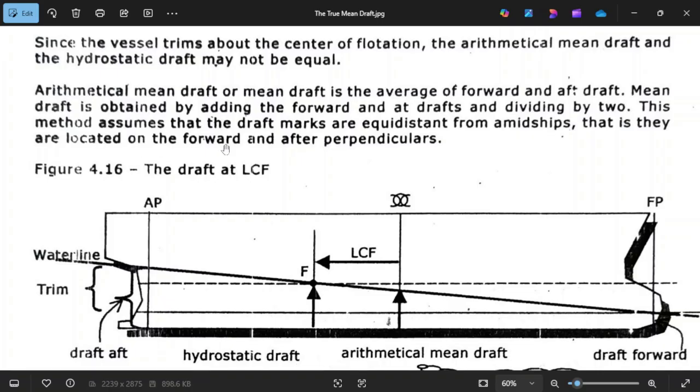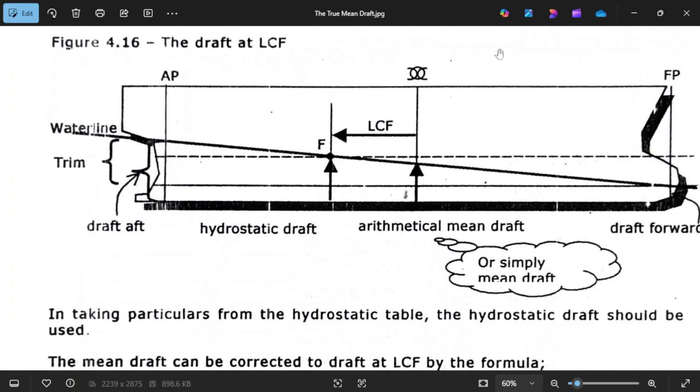This method assumes that the drop marks are equidistant from amidship, that is, they are located at the forward and up perpendiculars.